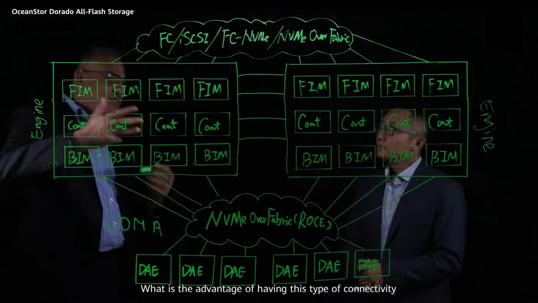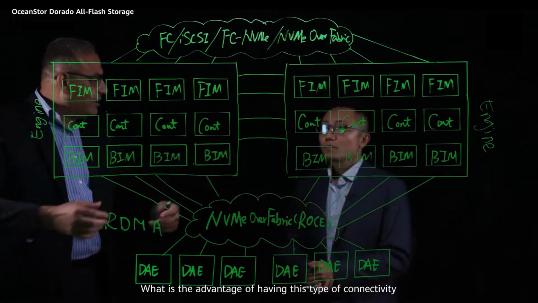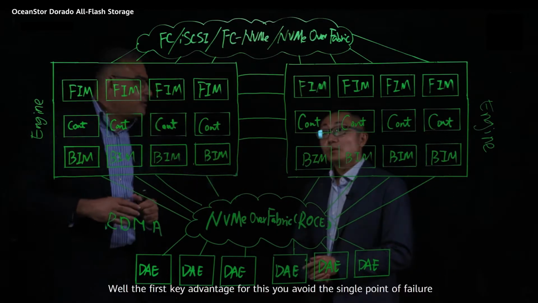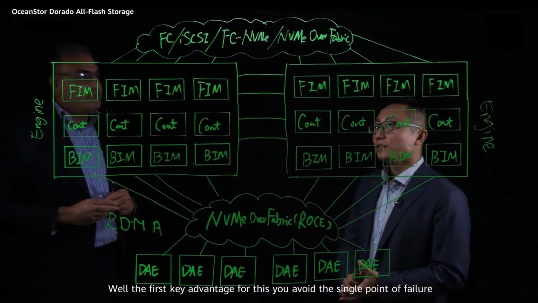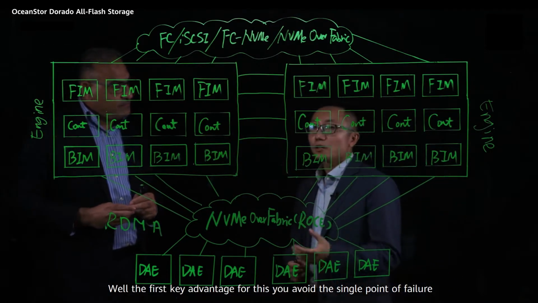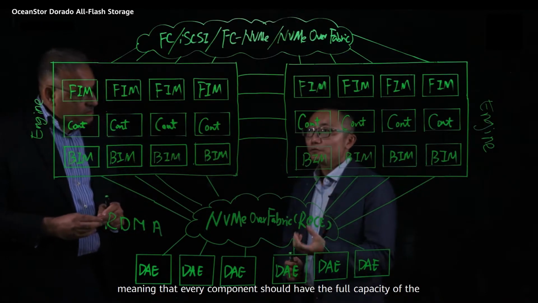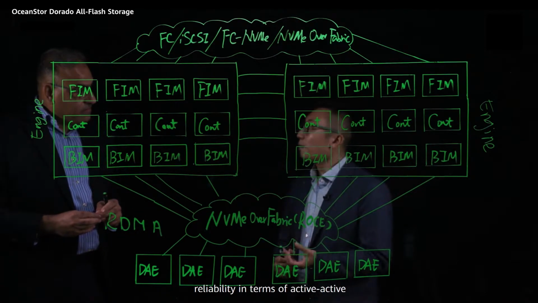So what's the advantage of having this type of connectivity and the shared, distributed architecture? Well, the first key advantage is that you avoid the single point of failure, meaning that every component has the full capacity of reliability.